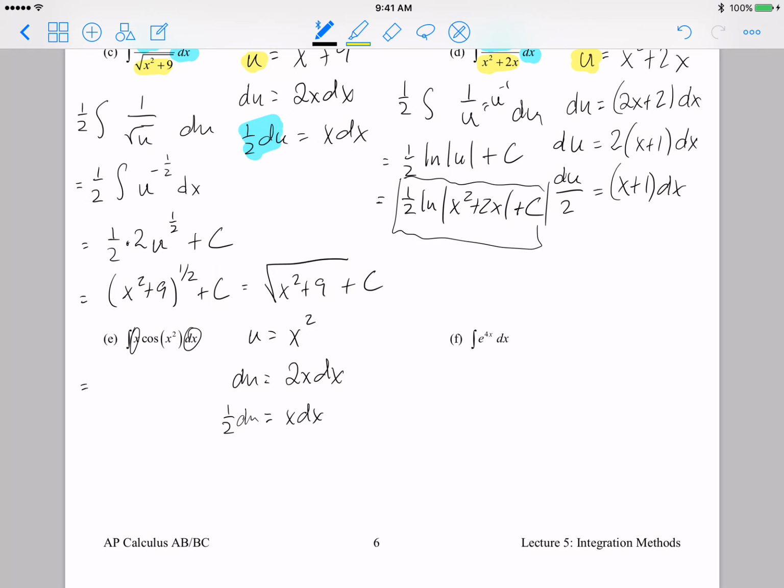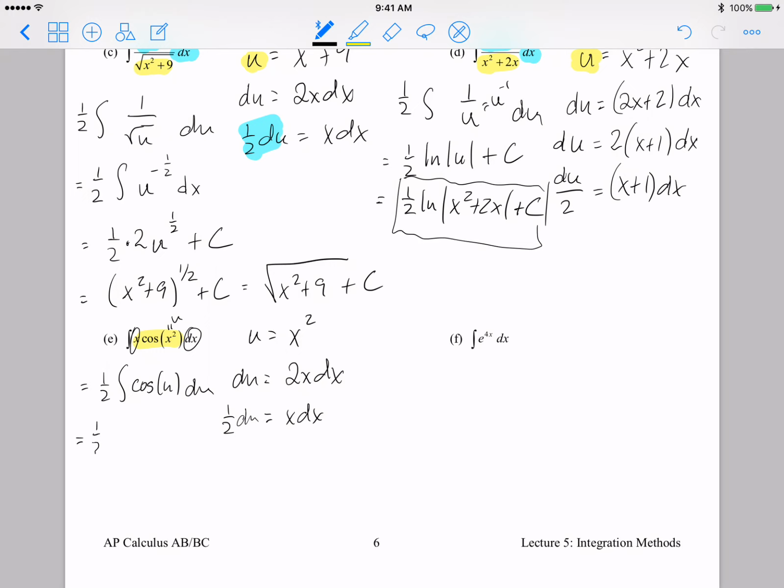And so what I'm going to end up having is 1/2 the integral of du. And then the rest of this stuff here is going to get replaced by cosine of u. Okay, remember that this x squared is now equal to our u, and so that's why I put in u instead of x squared.